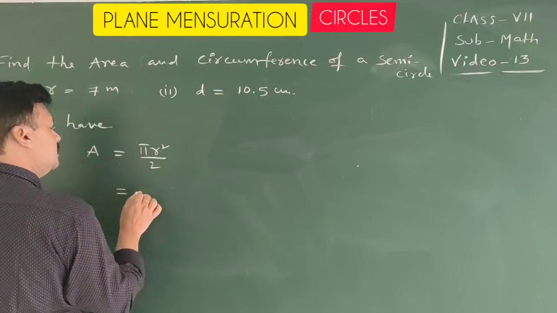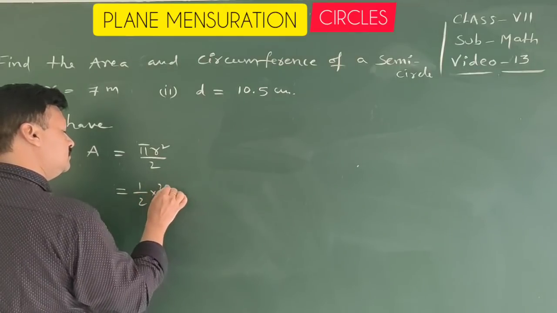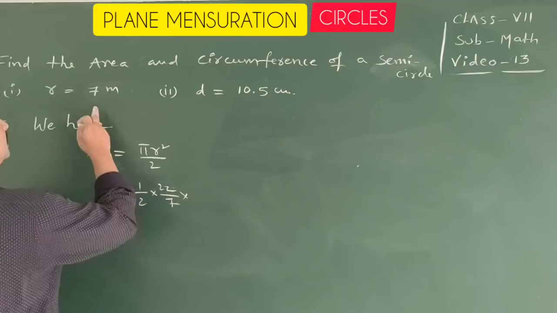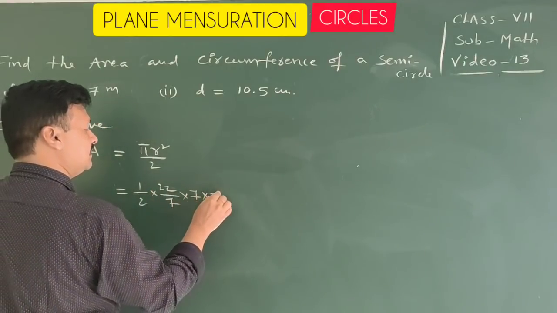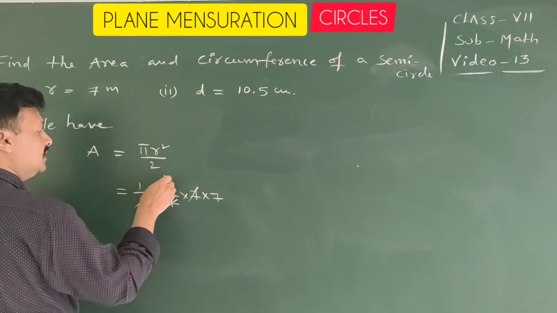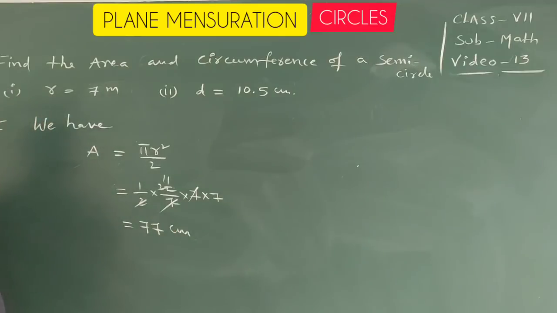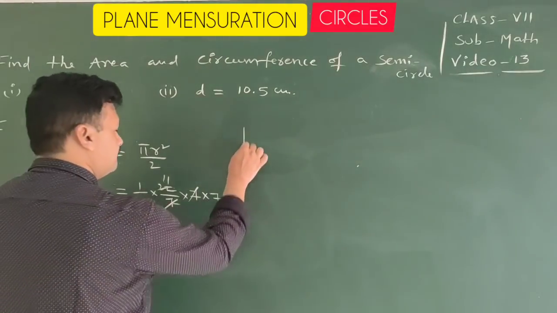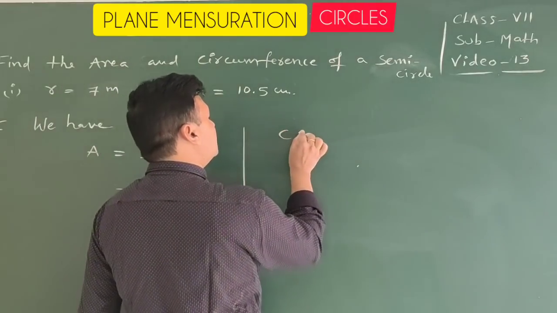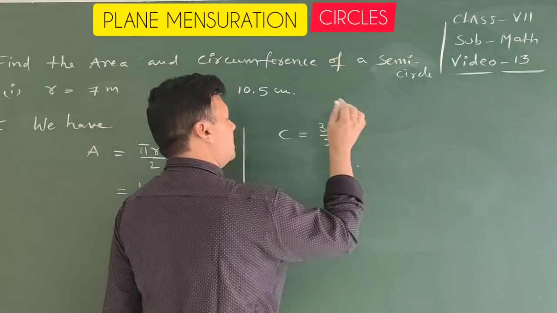So here half into 22 by 7 into r, that is 7 into 7. 7 gets cancelled. Here 11 times 7 is 77 centimeters square is the area of a semicircle. And circumference equals 36 by 7 r.